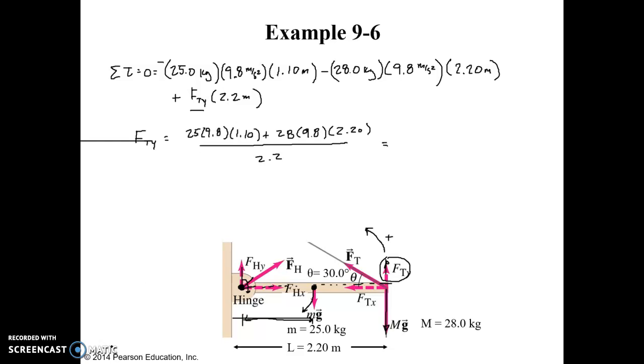And that is equal to 396.9 Newton meters. And I'll have to pick this up in the next video.